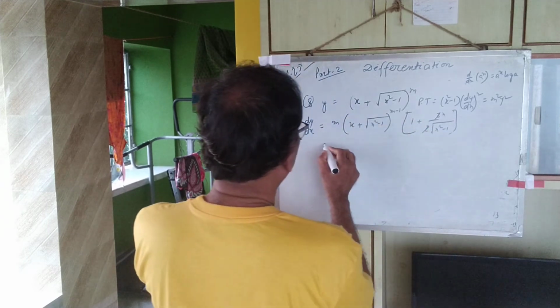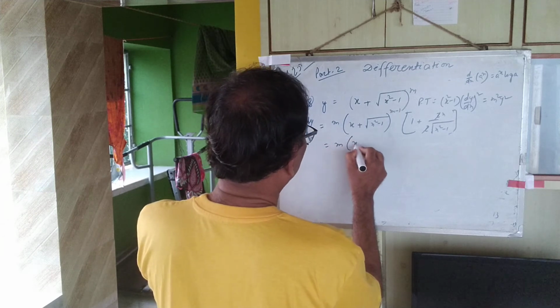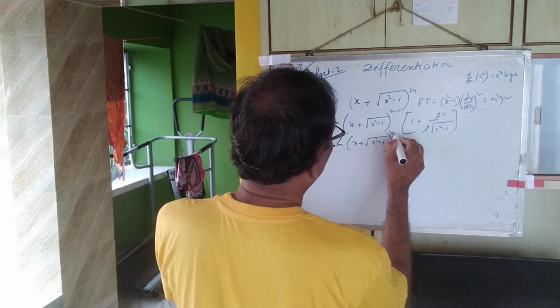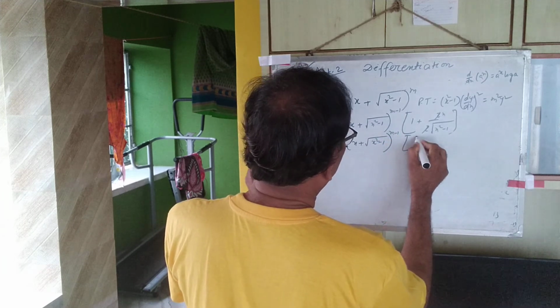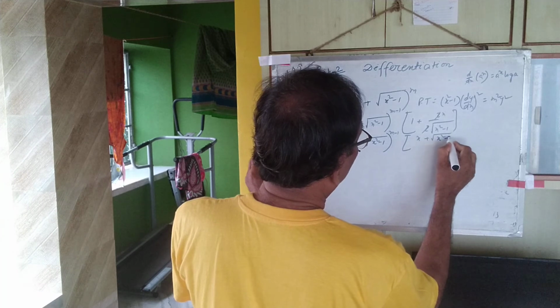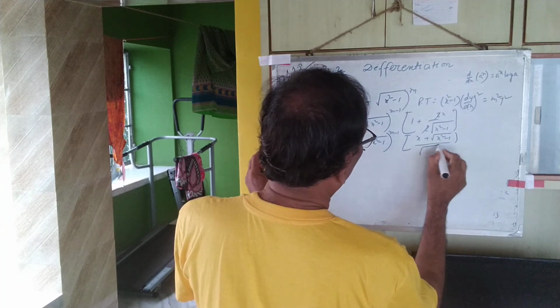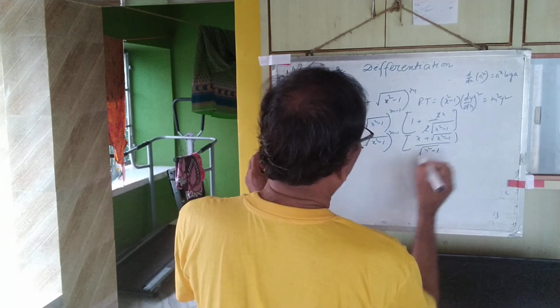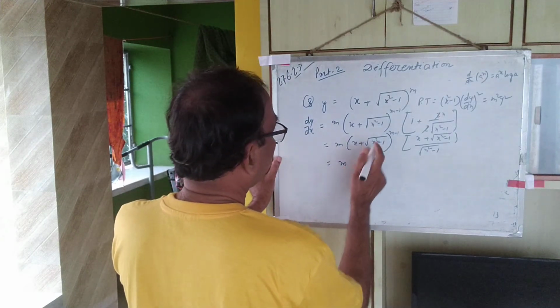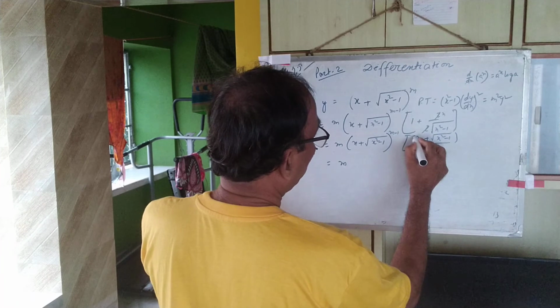These two cancel. That is m (x plus root over of x square minus 1) into m minus 1, that is (x plus root over of x square minus 1) by root over of (x square minus 1). That is m. This into this power is 1.